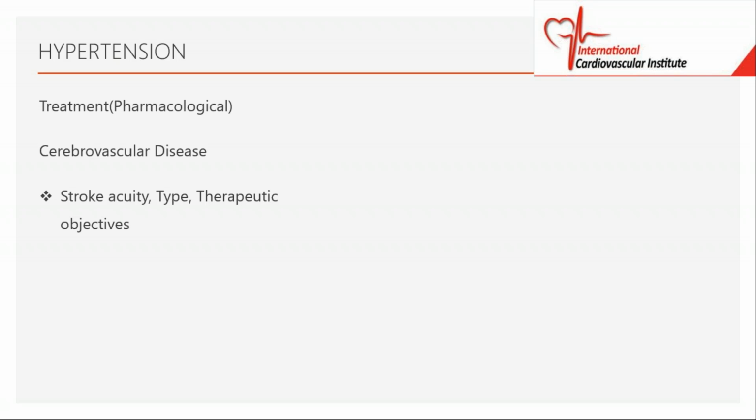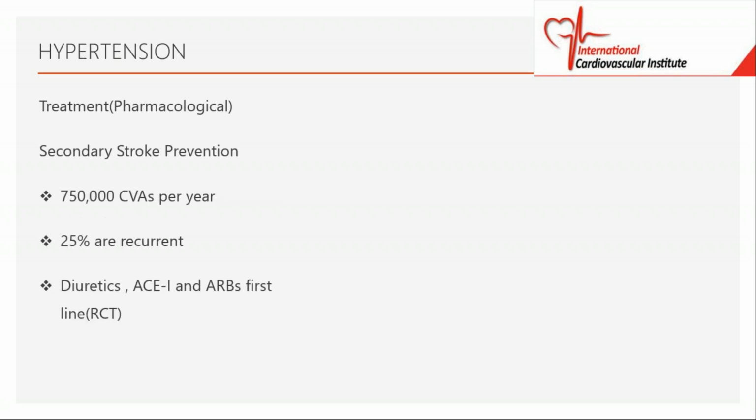Again, we talk about the acuity, the acute stroke. You want to be a little less aggressive, because the regulation of blood flow in the brain is disturbed. So we have close to 1 million CVAs, strokes per year, 750,000 to be exact. And a lot of those strokes are recurrent, 25% are recurrent.